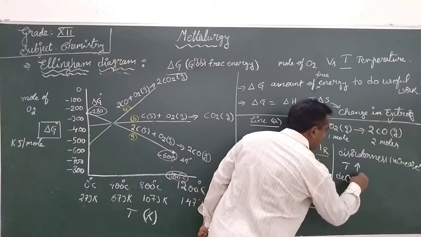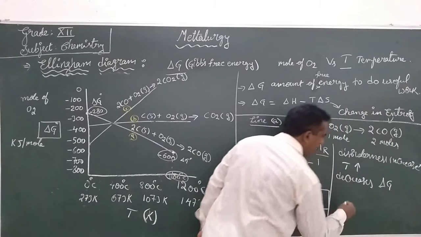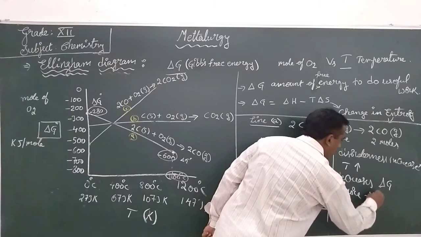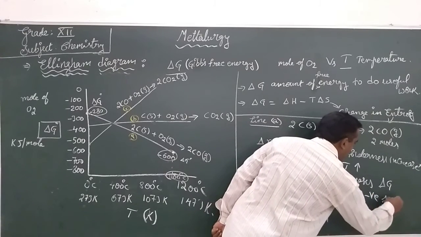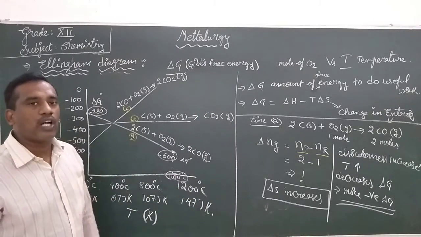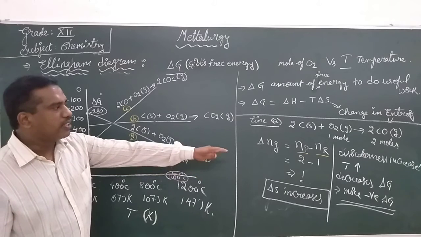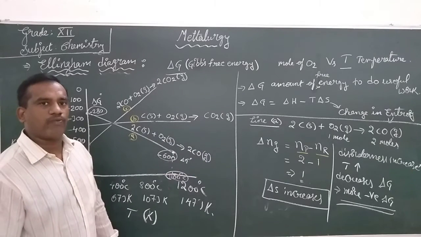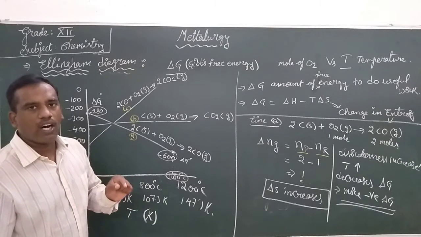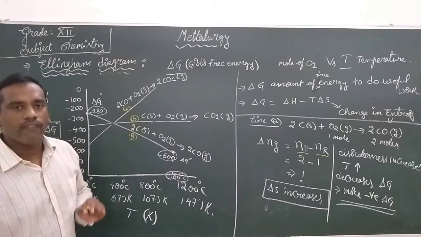That decreases the delta G value, means it makes it more negative. This is the main key concept here, children. With increasing temperature, the disorderness is increasing. That is decreasing the delta G or the Gibbs free energy into a more negative value.